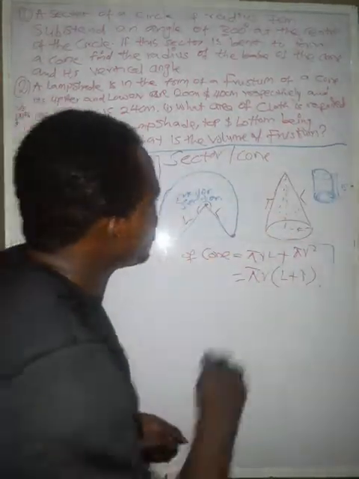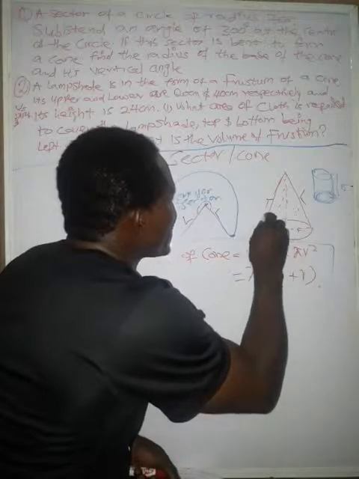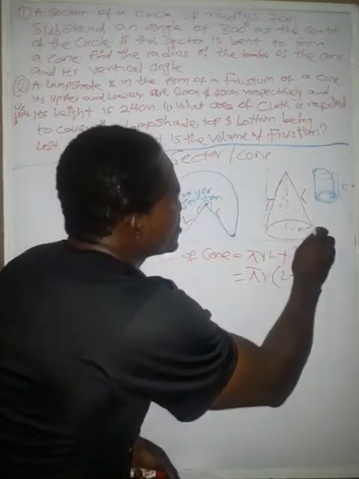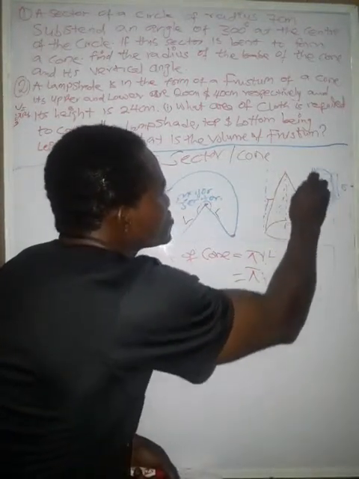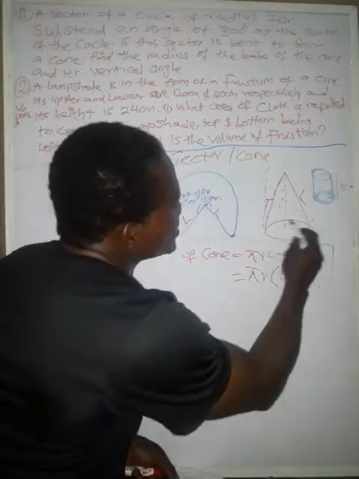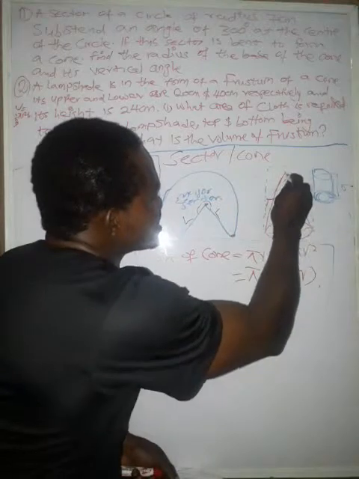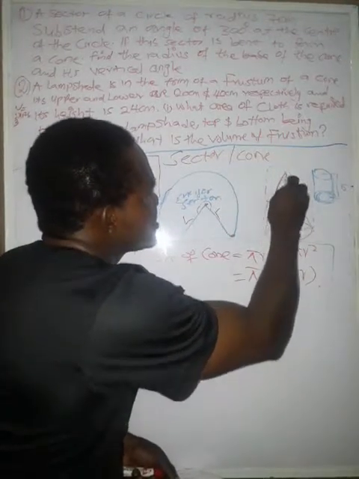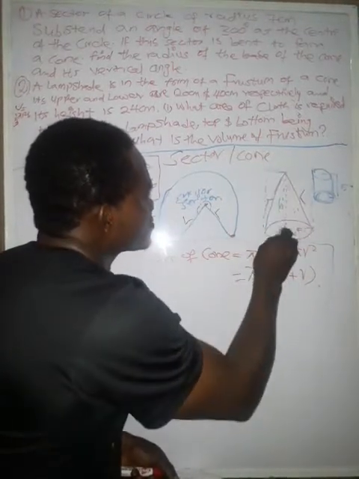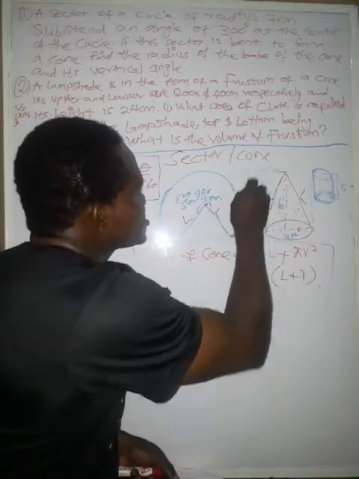Now, because some parts of this cone have been trimmed out, you cannot say the volume is the area of this place, pi r squared, multiplied by the height. Let's say the height, from here down to this place, is h.